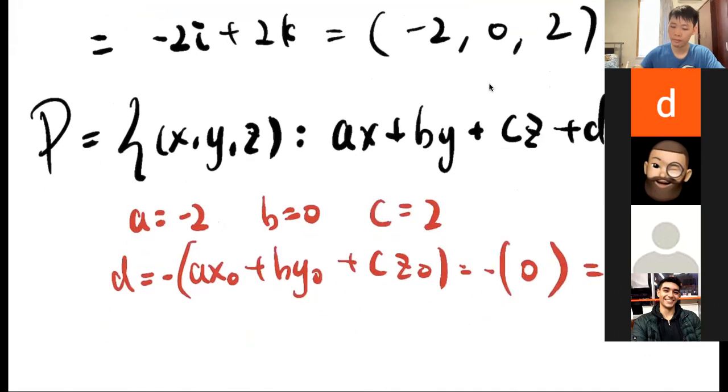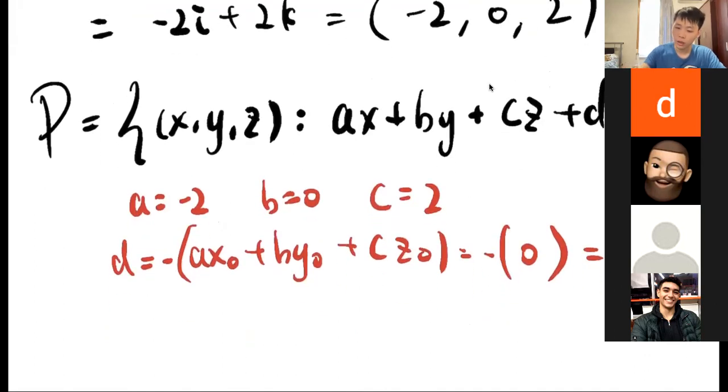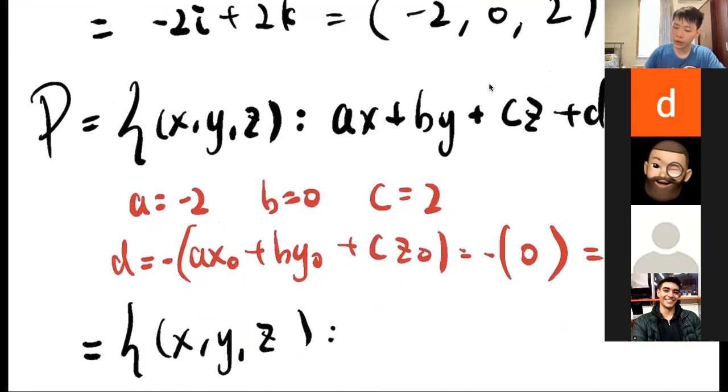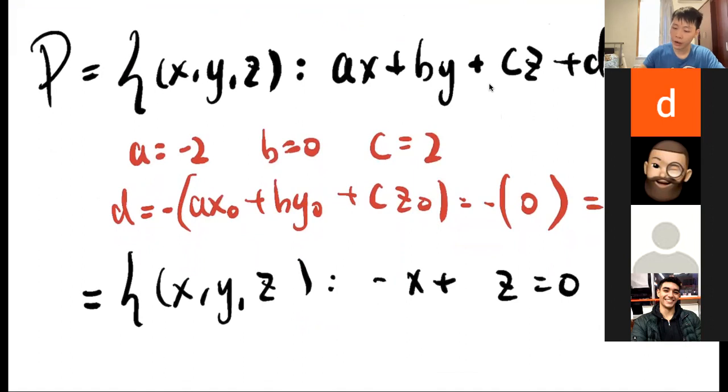After you simplify, it becomes the equation minus 2x plus 2z equals 0. The 2 can be factored out, so it becomes x equal to z.